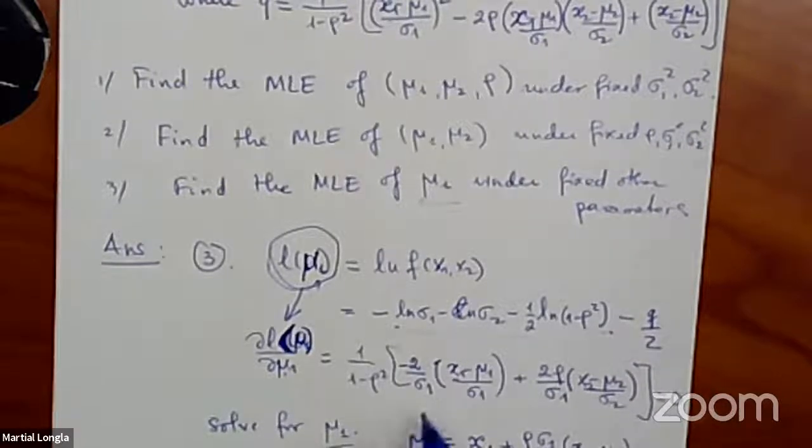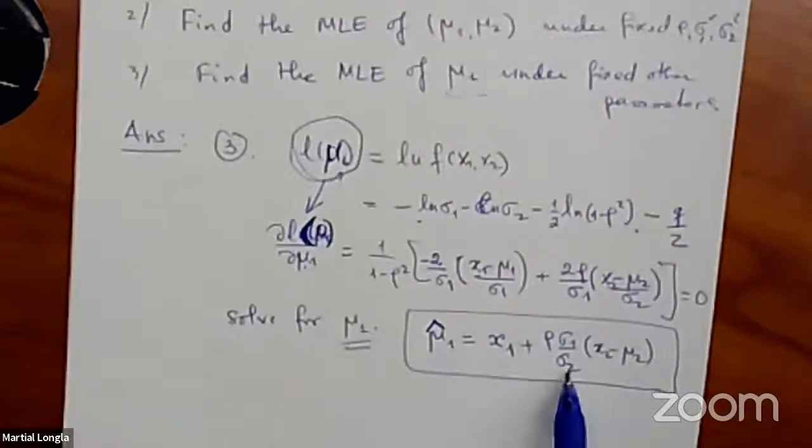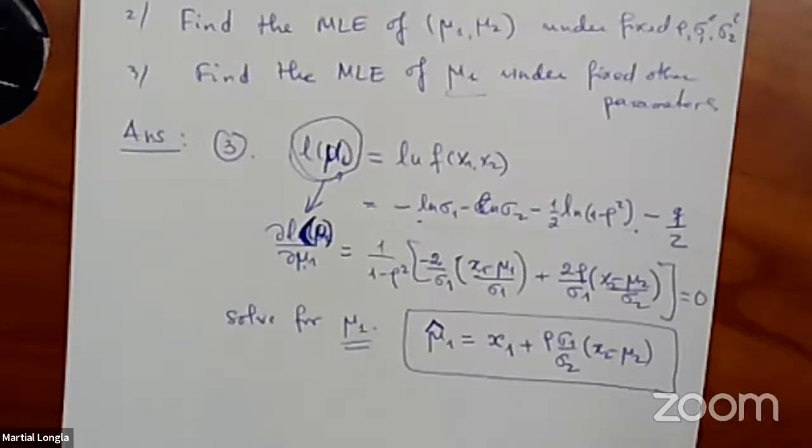Right? And then when you solve this, you put a hat on it. Do you see that? Do you remember seeing this formula somewhere? In a homework problem, right? That's where it comes from.